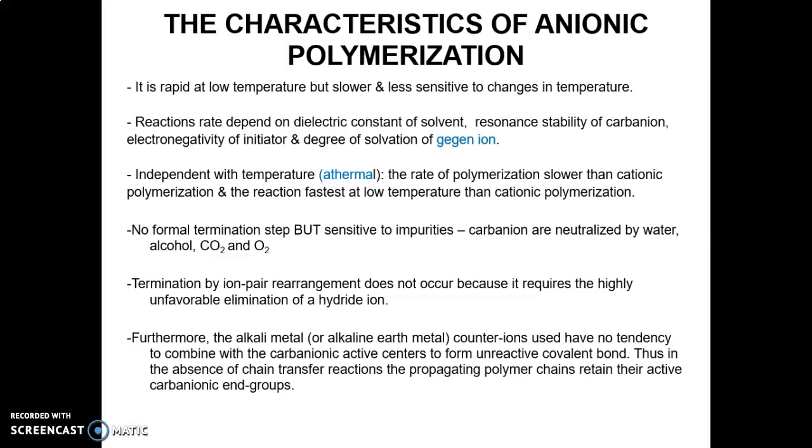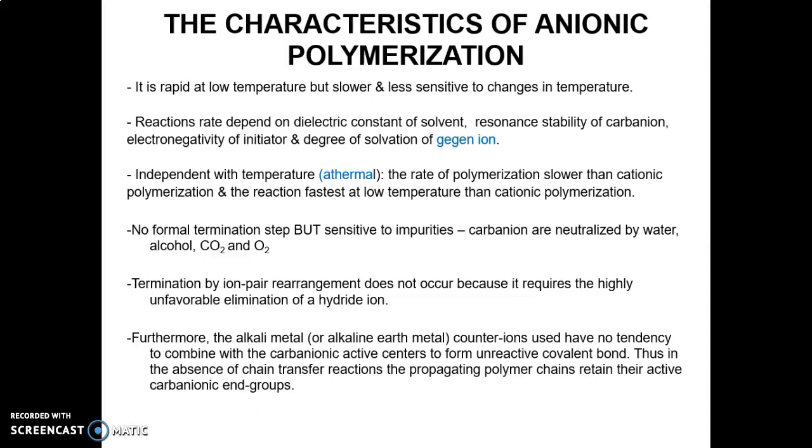No formal termination step, but sensitive to impurities, in which carbanions are neutralized by water, alcohol, carbon dioxide, and oxygen. Termination by ion pair rearrangement does not occur because it requires the highly unfavorable elimination of a hydride ion.